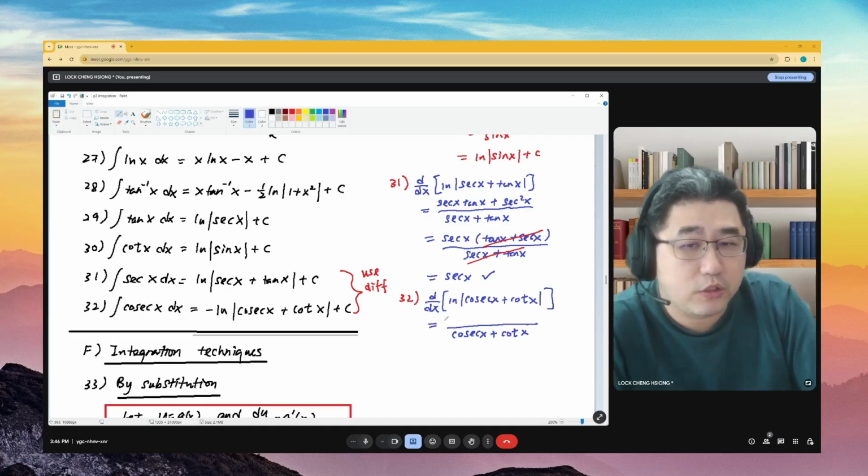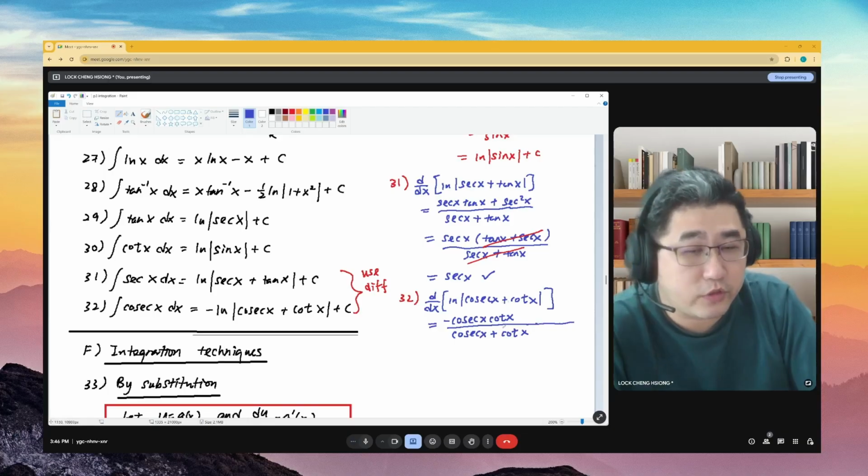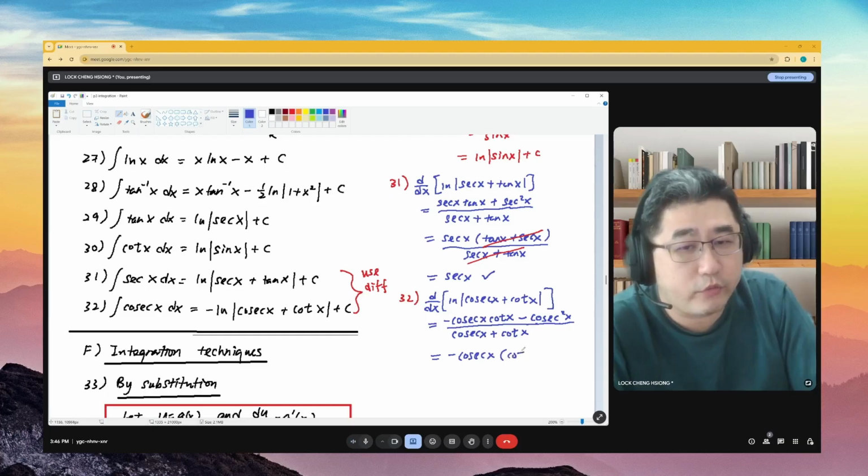Differentiate of cosecant gives us negative cosecant x cotangent x. If you haven't memorized the differentiation formula, please go back and memorize it. For cotangent x, after differentiation, it gives us negative cosecant square. Similarly, I see that I have a cosecant x that I can factor out. I factor out negative cosecant x, then I am left with cotangent x plus cosecant x over cosecant x plus cotangent x.